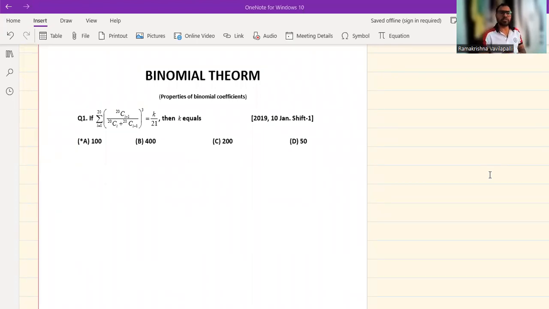So here the first question is sigma i equal to 1 to 20 of 20C(i minus 1) by (20Ci plus 20C(i minus 1)).